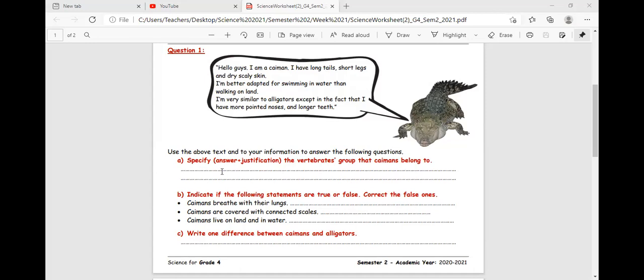So this means that it lives in water but also on land. I'm very similar to alligators except that I have a more pointed nose and longer teeth. Yalla Hassan, which vertebrate group do caimans belong to? They belong to the reptiles.